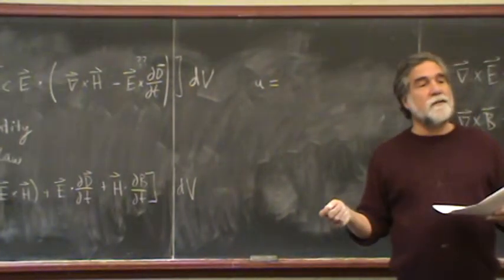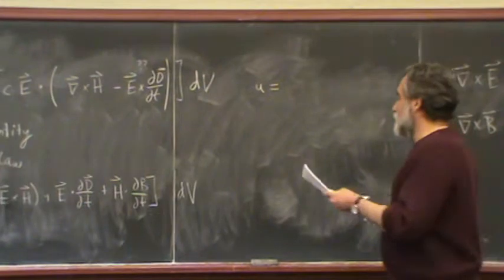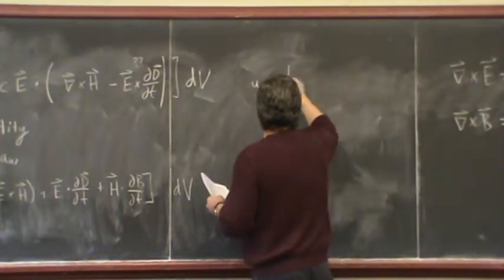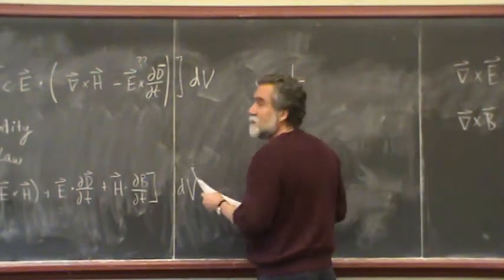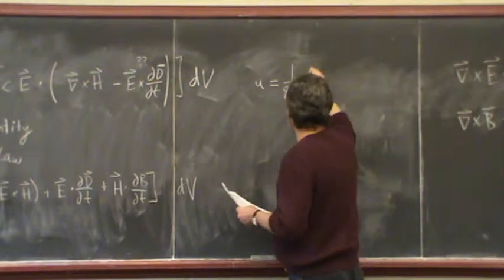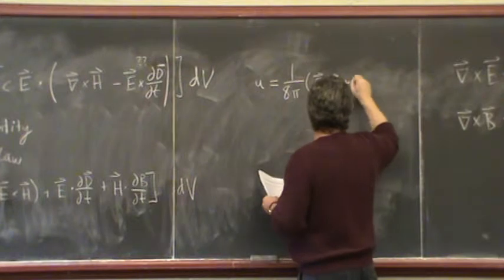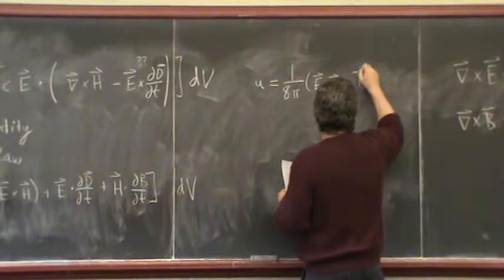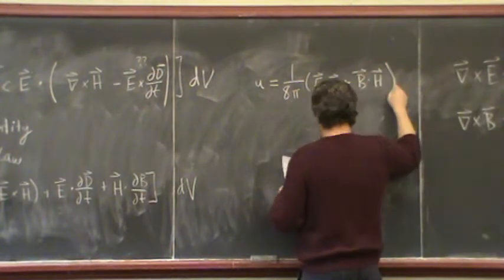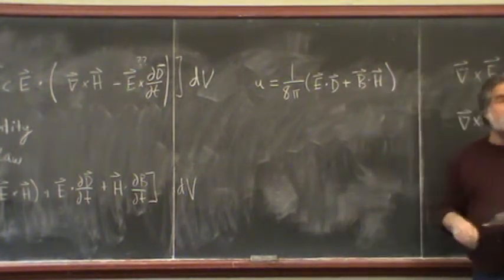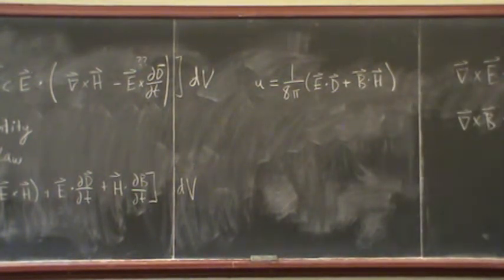We know we can store energy in magnetic fields. And so in a dielectric and permeable material, the energy density is E dot D plus B dot H over 2. Total energy density in a medium.